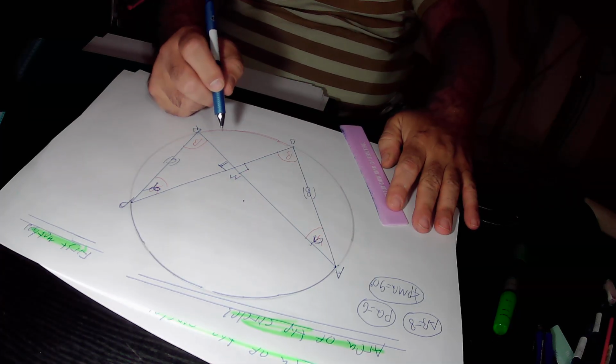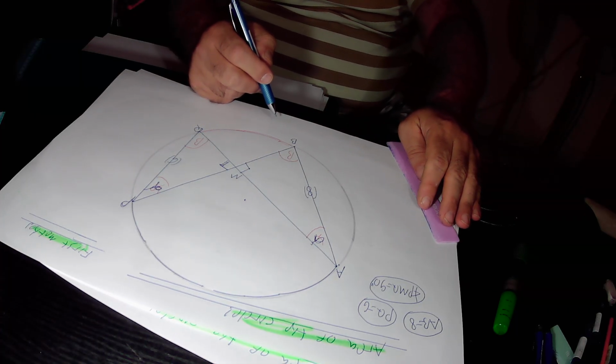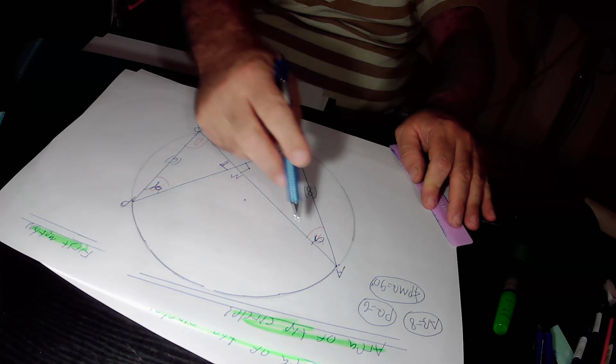So in the right triangle A and B, the sum of the angles must be equal to 180 degrees. So which angles do we have in the right triangle A and B?